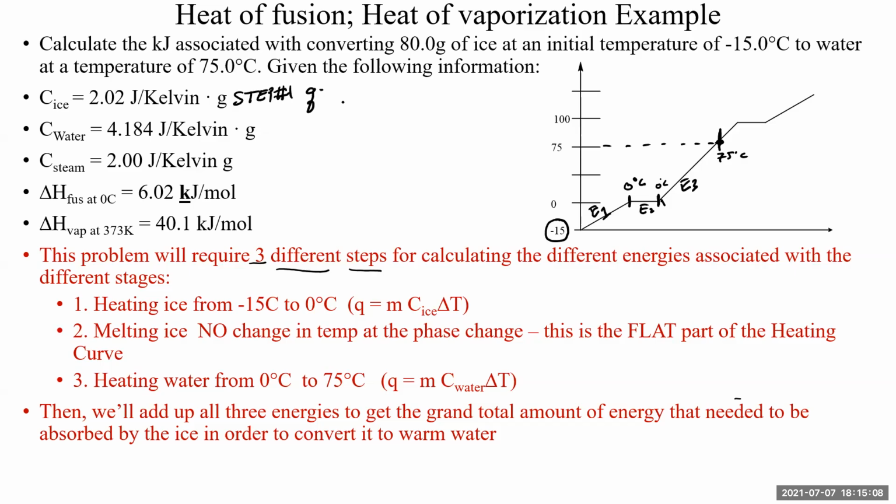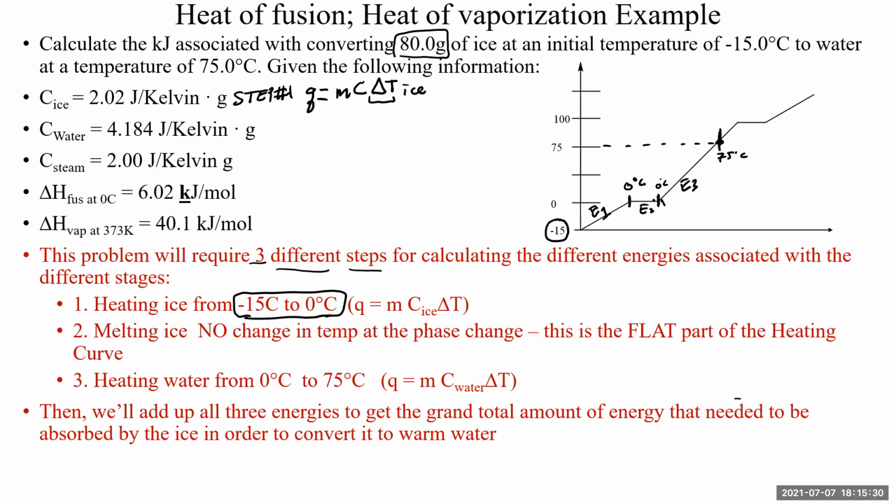And we're going to calculate Q equals M times C times delta T for ice. The temperature change for ice from -15 to 0 is our delta T. We have 80 grams of ice. Remember, the grams don't change just because you're changing physical state. It's all 80 grams. That's step 1.